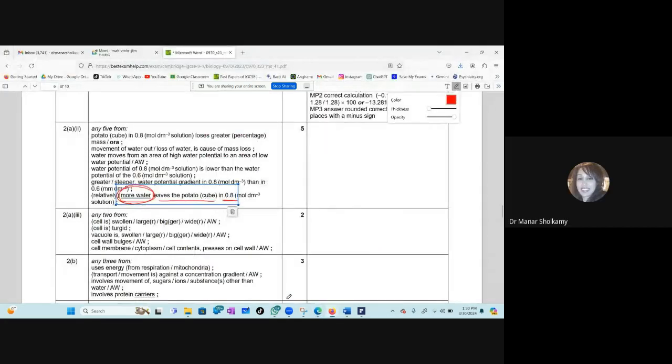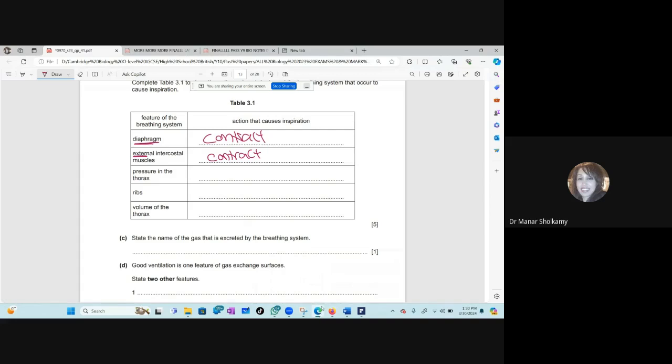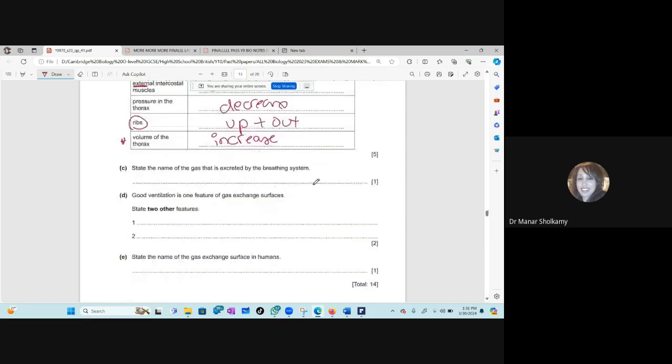When you breathe in, will the pressure increase or decrease? Decrease, correct. And the ribs, how will they move? Up and out. Excellent. And the volume? Decrease? No, not decrease. It will increase. Yes, correct. Very good. Okay. If you did not study the lesson respiration, you will lose 5 marks in this question.